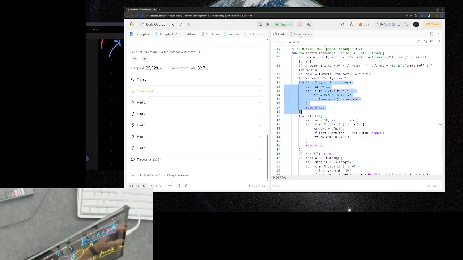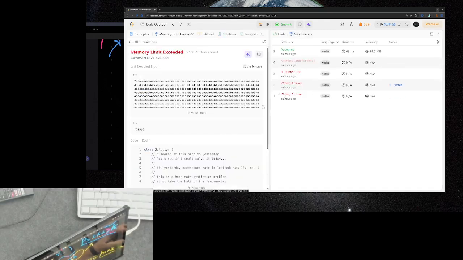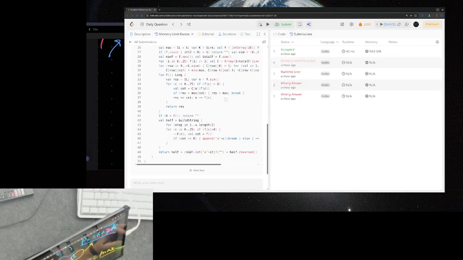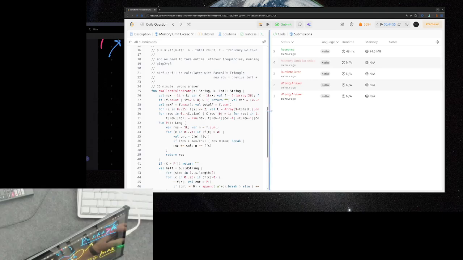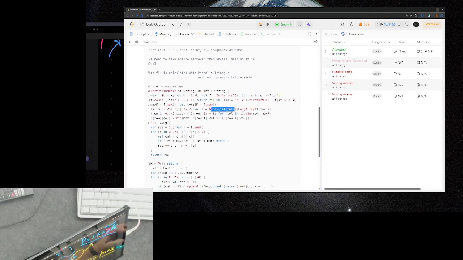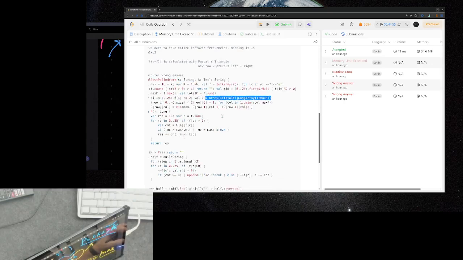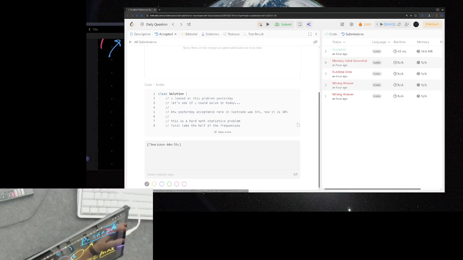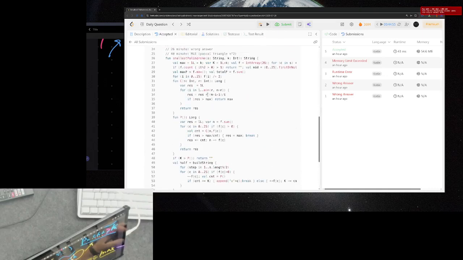And by the way, I also did a memory limit exceeded solution trying to do it with Pascal triangle, but the space and I think the time would be out of accepted range, because this is total f sum, it is just s length, and this is n square already. But given that we have this maximum, it's like a cheat code. It allows us to just compute it in a single loop operation.